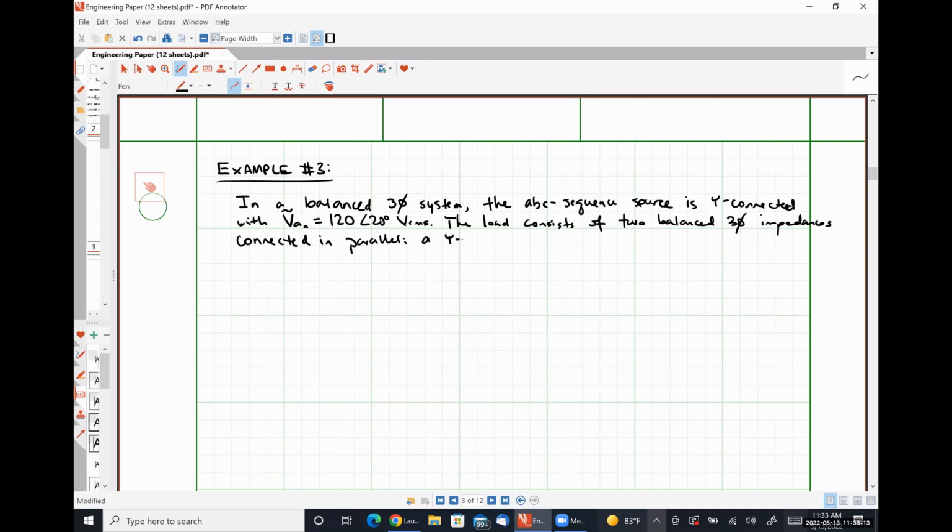A Y connected load with ZY equal to 8 plus J2 and a delta load with Z delta equal to 12 plus J3.